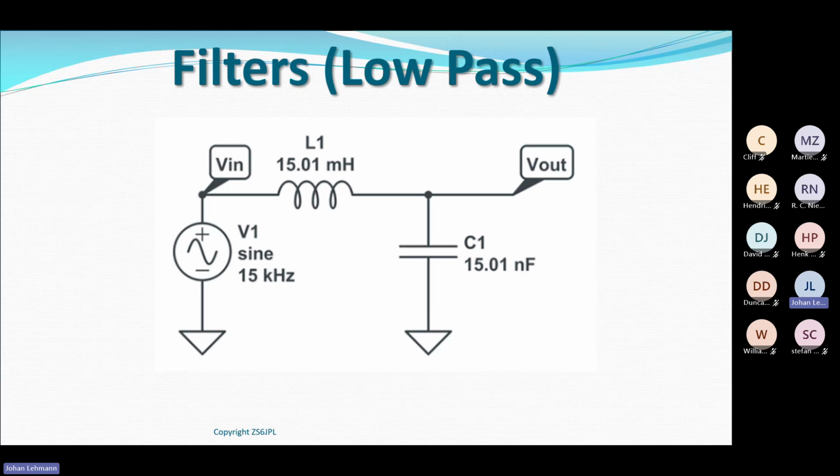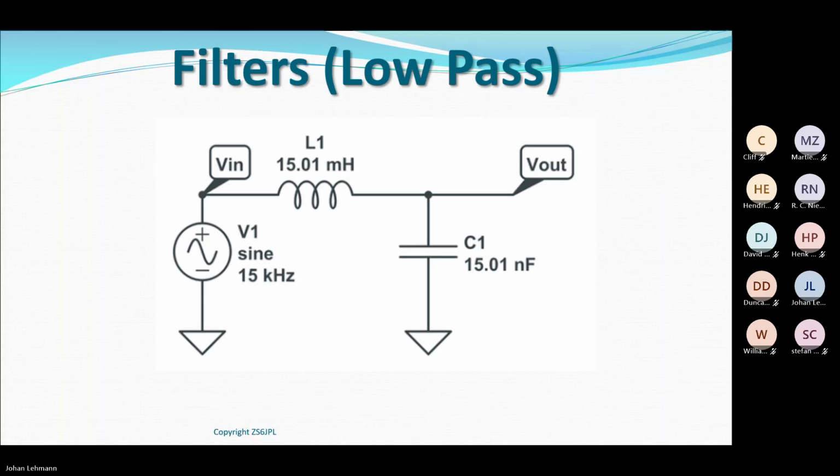Low pass filters. If you go back to your lecture on inductors and capacitors and reactance and resonance, all those wonderful things that you were taught a couple of lectures last week. What's the characteristic of an inductor? Just take a moment and think for yourself if you can remember what an inductor does.